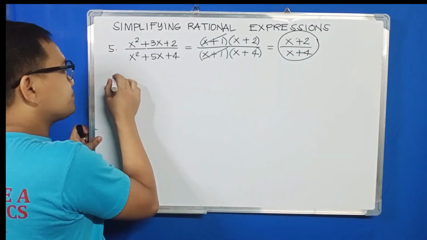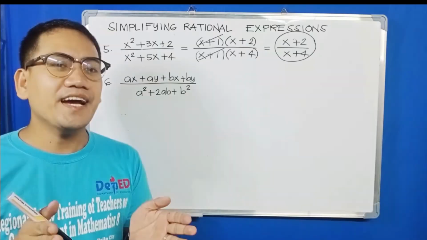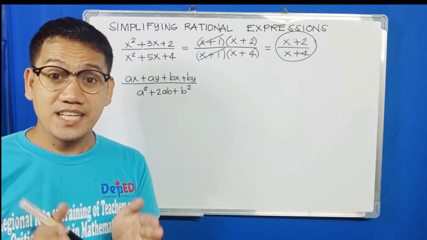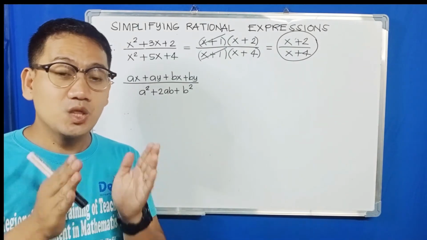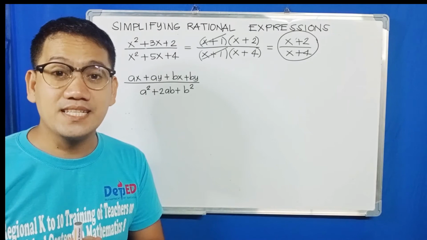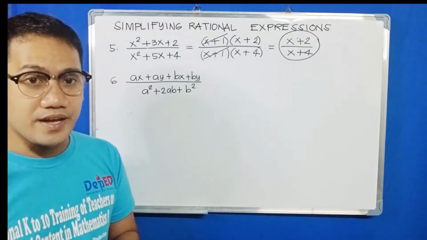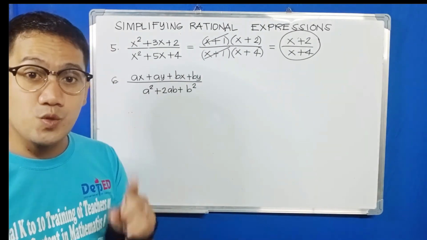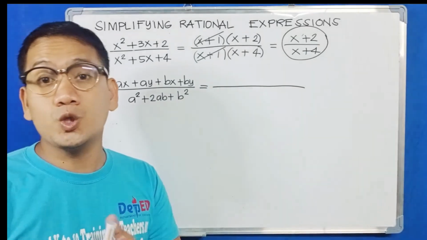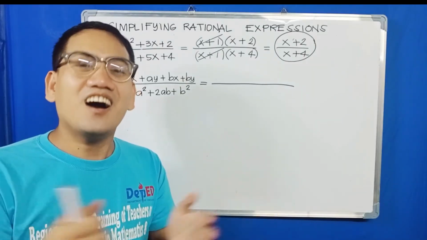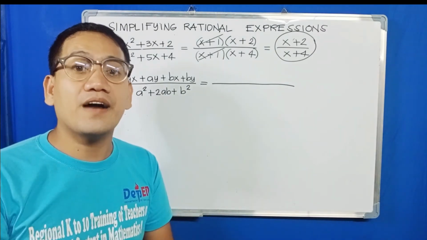Another example. We have ax plus ay plus bx plus by all over a squared plus 2ab plus b squared. So here, we will try to factor our given expression. Let's start with the numerator. In factoring our numerator, let's try to group it first. Let's try to think of the possible terms that can be grouped and can be factored out.